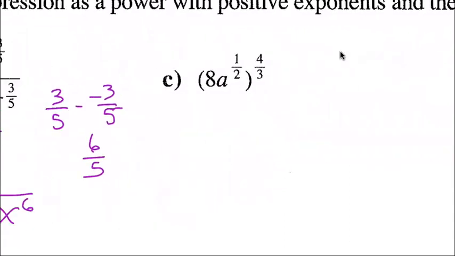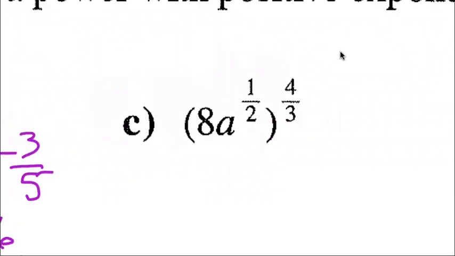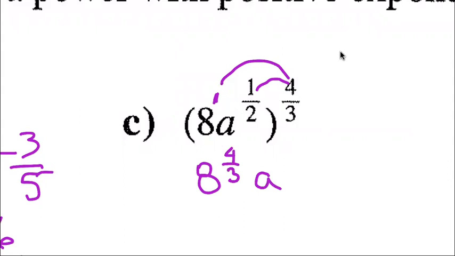Question C. 8 times a to the power of 1/2, all raised to the power of 4 over 3. Remember, there's a power here, we never write it. I'm going to multiply this here, and multiply this here. 8 to the power of 4 over 3, a to the power of 4 over 6. 4 times 1 is 4, 2 times 3 is 6.